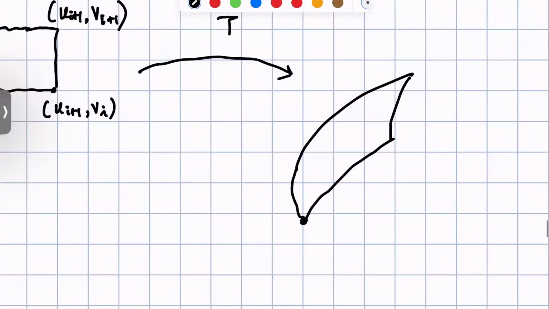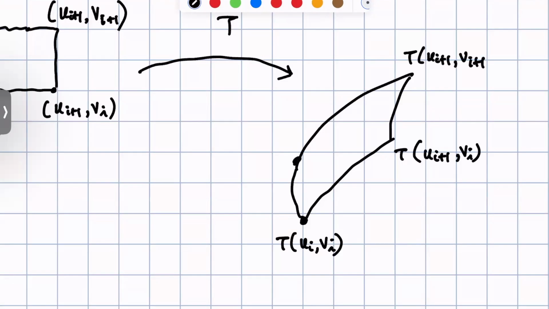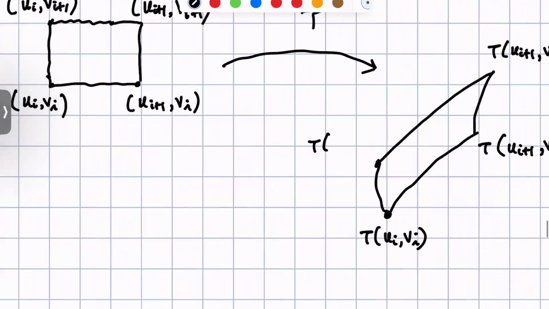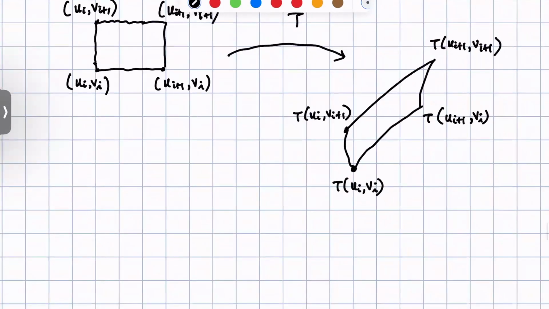Here is T of u_i v_i, T of u_{i+1} v_i, T of u_{i+1} v_{i+1}. Let's draw this a little more angularly. And this corner right here is T of u_i v_{i+1}. Now, I'm interested in this vector and this vector right here.